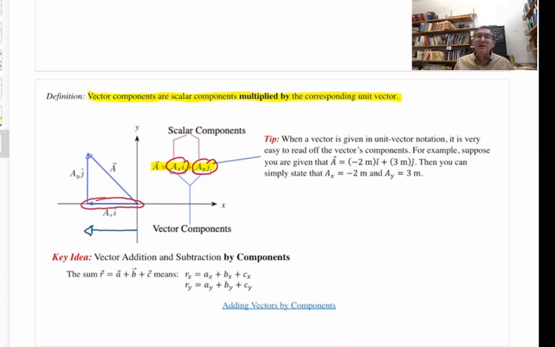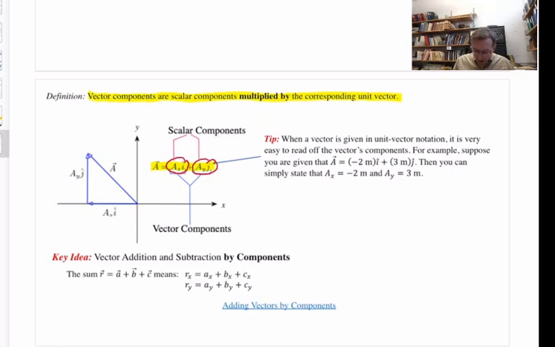So Ax times i hat is a vector in its own right. It's called the x vector component of A. Now look at this arrow right here. It also is drawn with an open-tipped arrow. I'll draw it over here to the side. You can see it clearly like that, meaning it's a full-blown vector in its own right. It's called the y vector component of A.